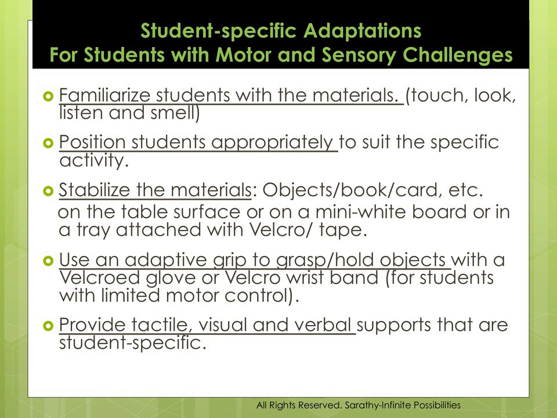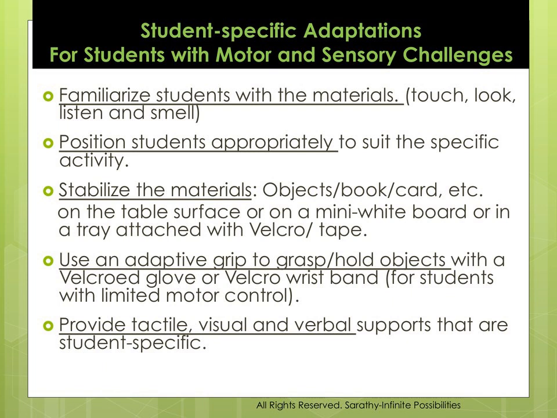And stabilizing the material is also very important, particularly for students who have difficulty controlling their hand grip. It is important to stabilize the materials. You may have to attach them with Velcro. For younger children, for example, you want to make sure you place it on some kind of material that will adhere to the table surface.